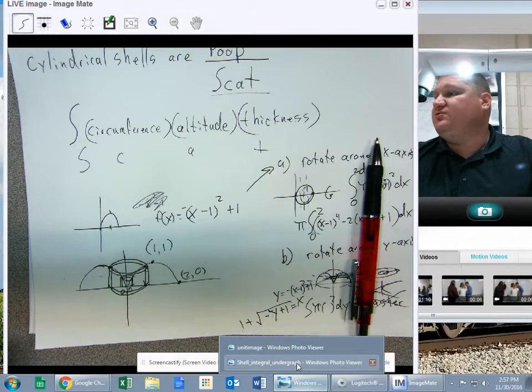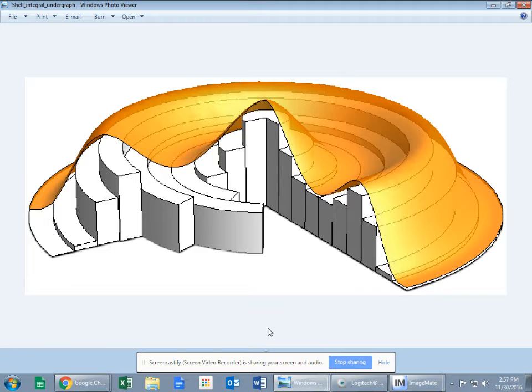Now, my pictures are horrible, so let's get a better picture. You'll notice that if you rotate this around the y-axis, I have a cylinder here in the middle, then the next cylinder wraps around it, and this wraps around it, and I can make the cylinders of different heights as they go all the way around.